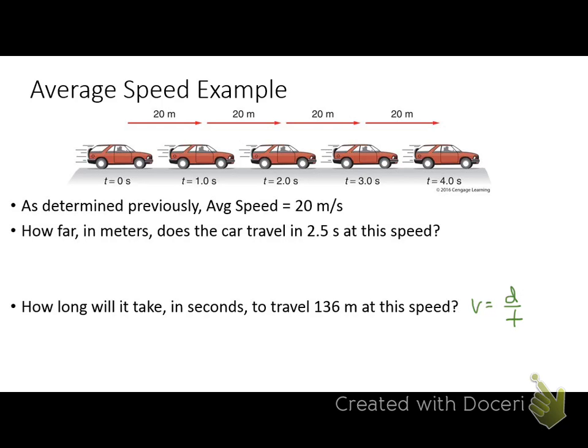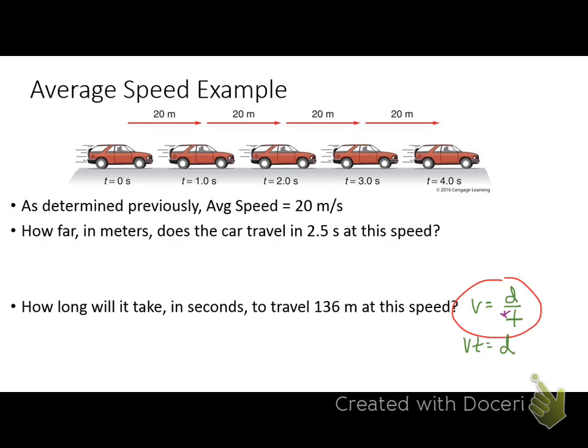Now, I don't teach algebra, which might be a good thing. But let me go ahead and tell you, if I knew that what I wanted to solve for in this case was how long does it take, t, what I would do is it's called kind of crisscross. Okay, I would flatten it out, and I would say v times t is equal to d. That's how I would start. That's exactly what we used in the previous relationship.